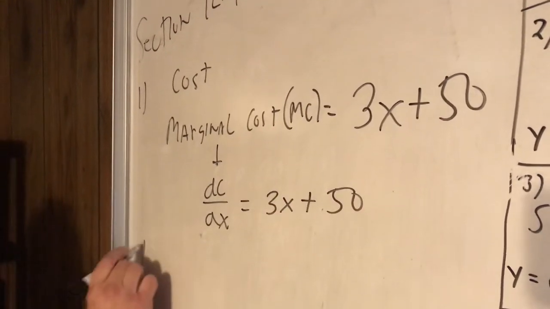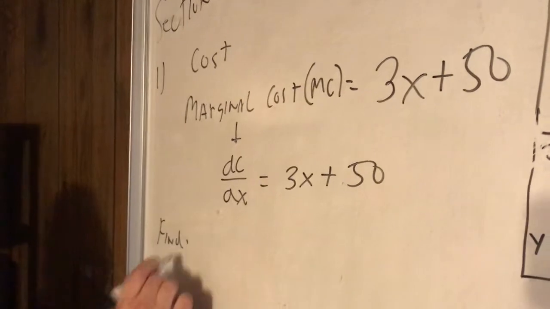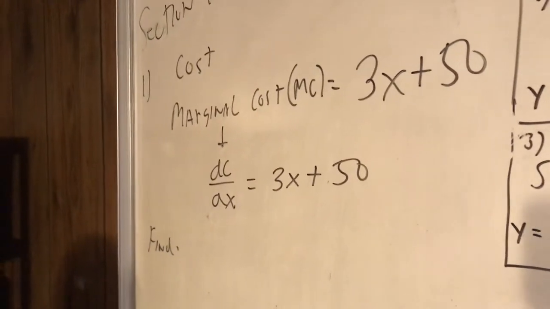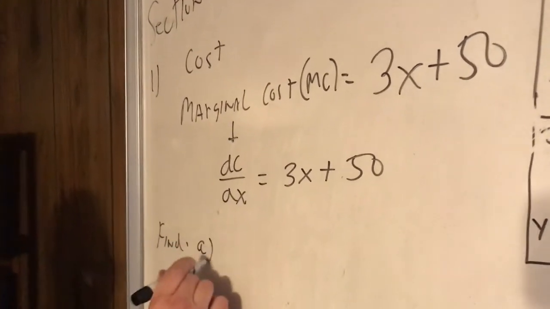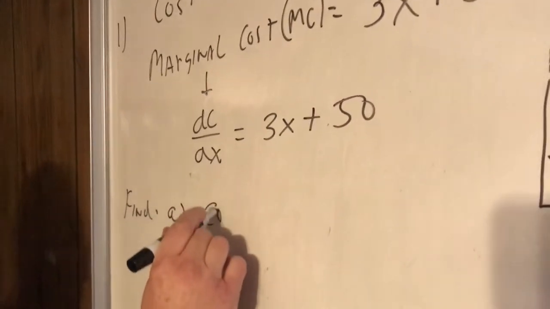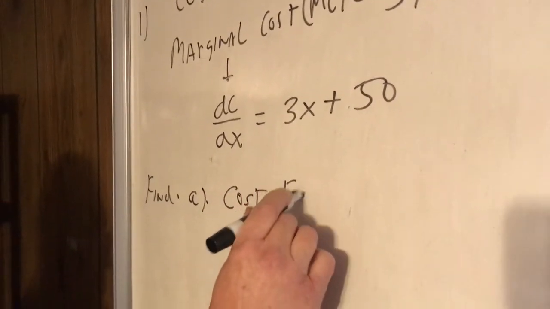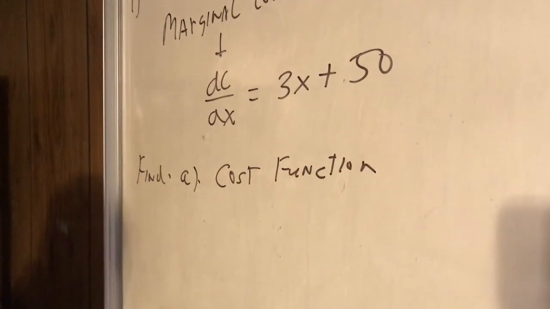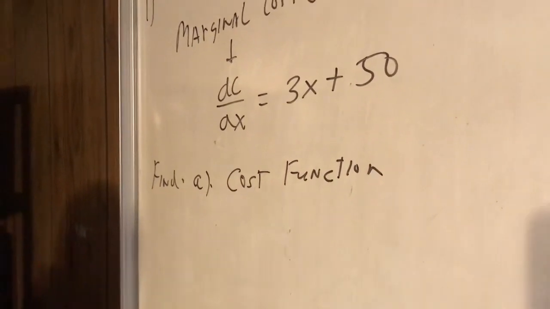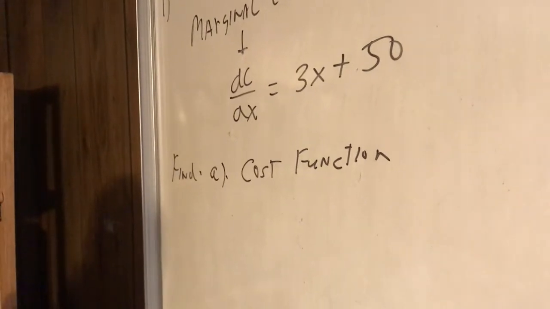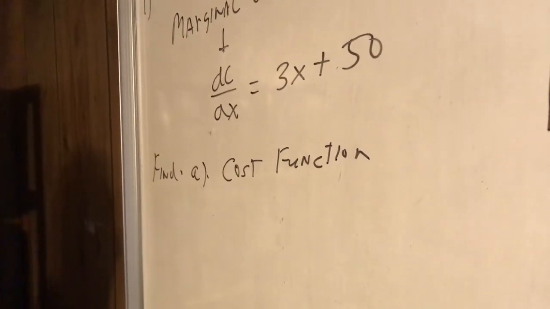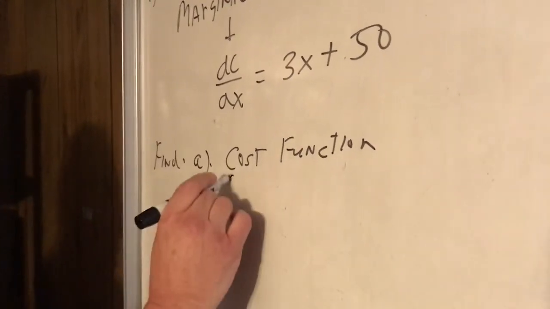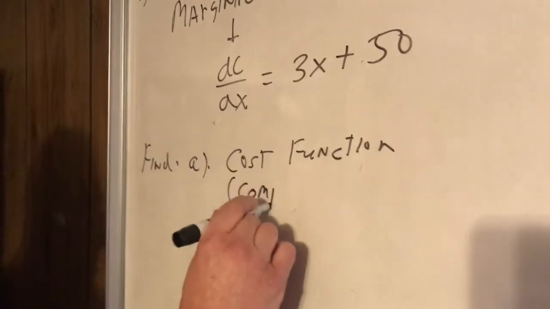What do we want to find? One, the cost function. And let's see if they want anything else here. Nope, that's it. Just find, I'm going to put here, complete.